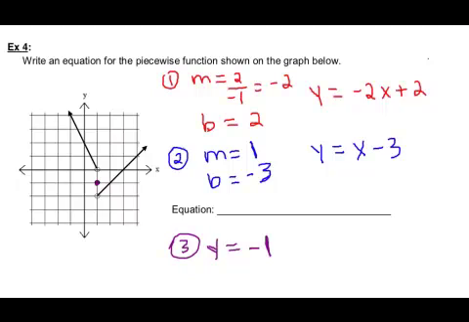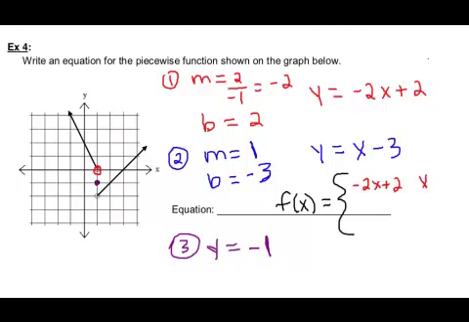So now that we have the equations for all 3 parts of our graph, we're going to write all the equations together as a piecewise function. So again, this is f of x equals, our first equation was -2x plus 2. Now we need to look at our boundaries. We have an open circle at x equals positive 1, and our graph is going to the left of that, so less than 1.